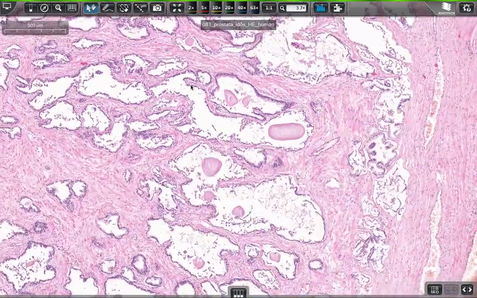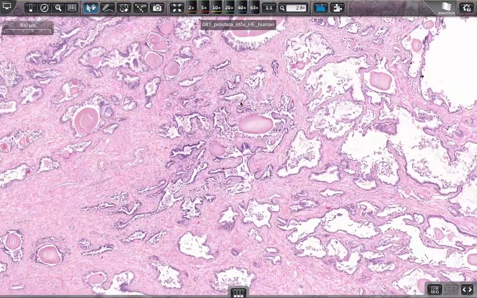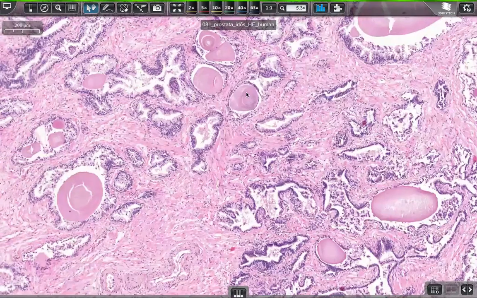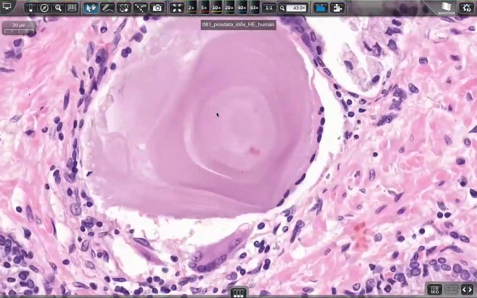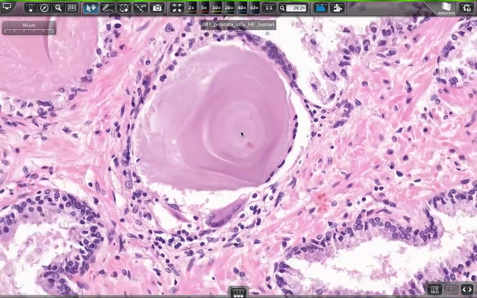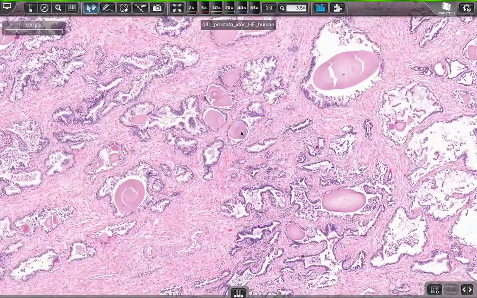So we have smaller, bigger prostatic or amyloid bodies. Here, look at that. It's a concentrically precipitated material in the glands.